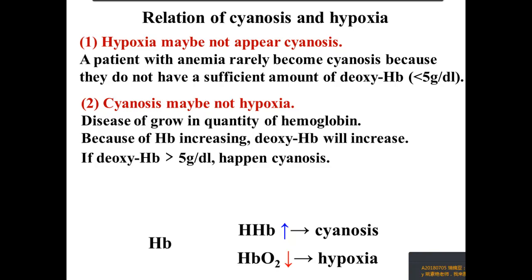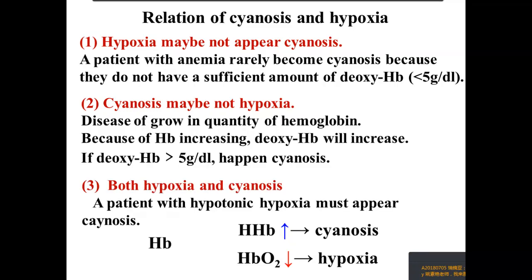If the patient moves into a very, very high mountain, or has external respiration dysfunction, pulmonary edema, fibrosis, or a foreign body in the trachea, these all refer to hypotonic hypoxia. Now the patient has cyanosis and has hypoxia, because the patient's hemoglobin is normal.